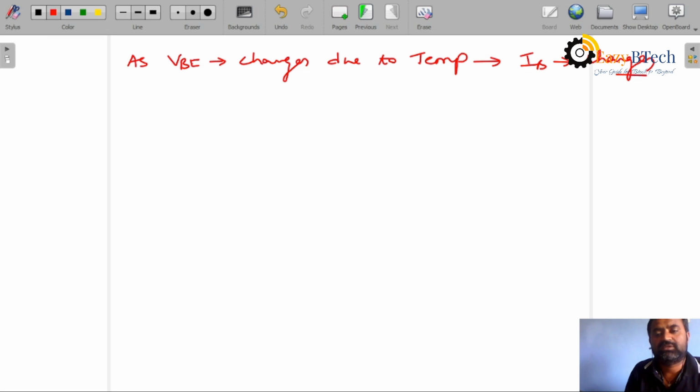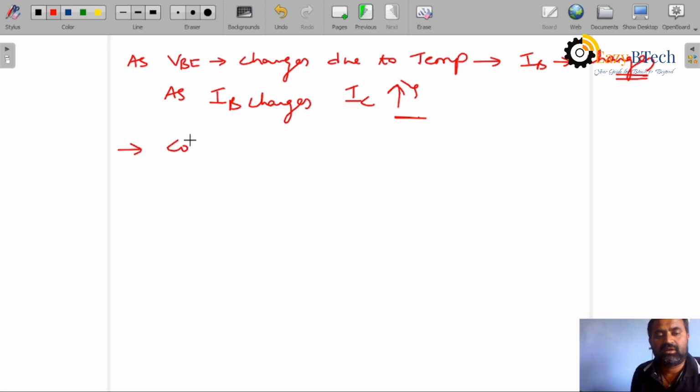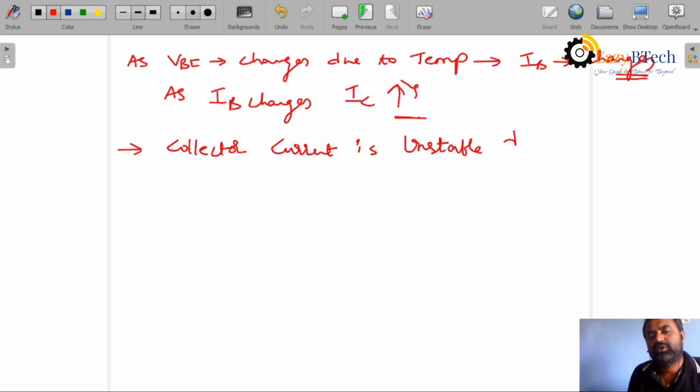As IB changes, IC changes. The collector current is unstable due to IB and VBE changes.